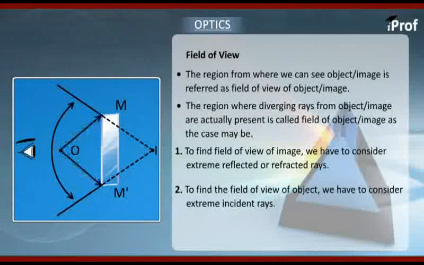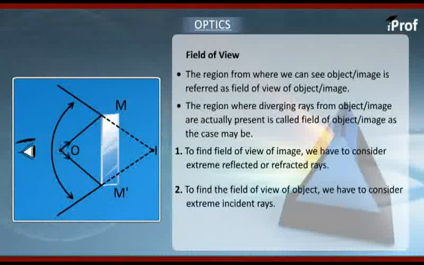The diagram is very clearly showing the extreme reflected rays. These extreme reflected rays decide the region from where we can see the image, which is referred to as the field of view of image.